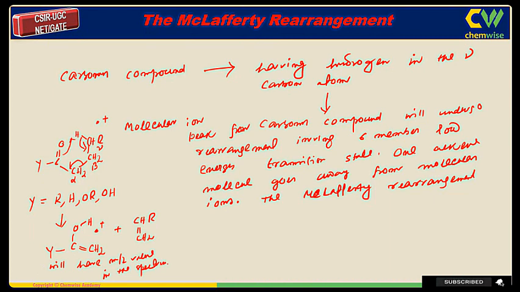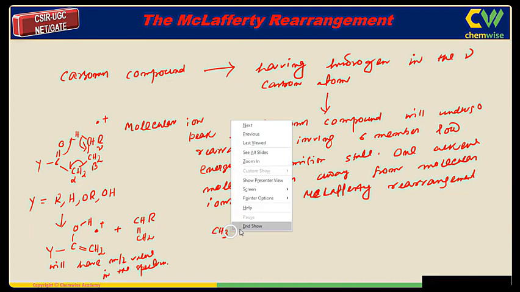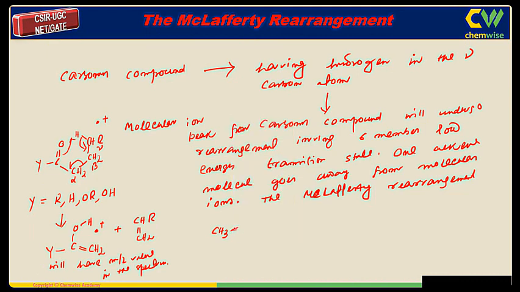We'll take an example. Let's say you have been given CH3 C double bond O CH2 CH2 CH3 H. The question is: what McLafferty rearrangement fragment will we get from this molecular ion peak?